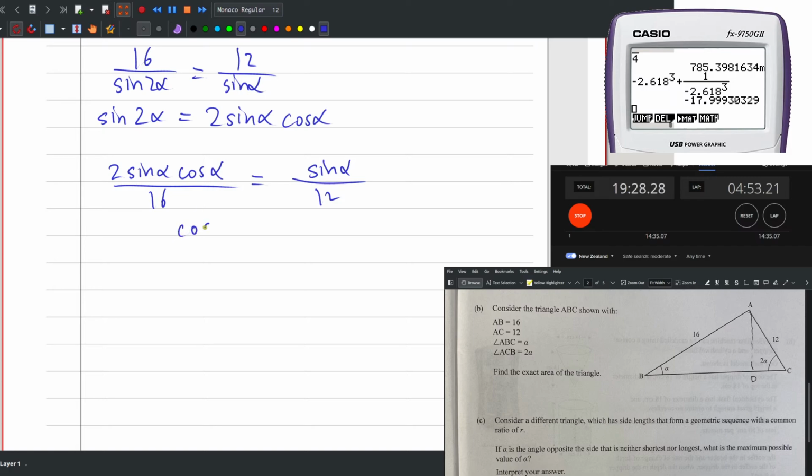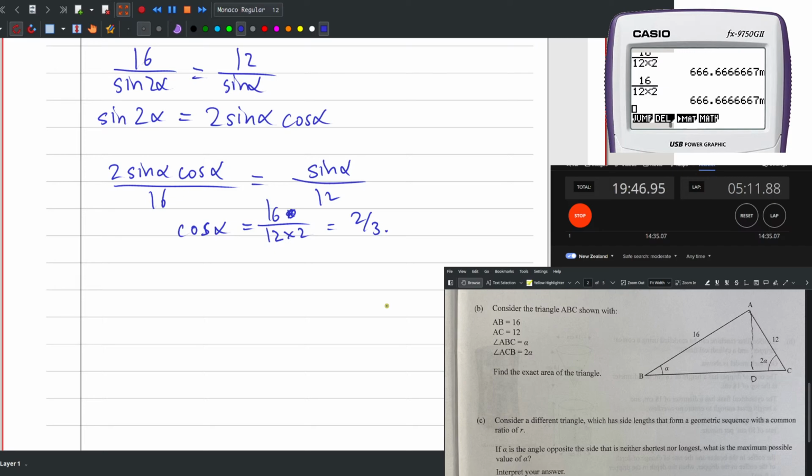Gotta be real careful I don't mess up anything. So cos alpha equals 16 times 16 over 12 times 2, which is 2/3. Okay, so now it asks you to find the exact area of the triangle.